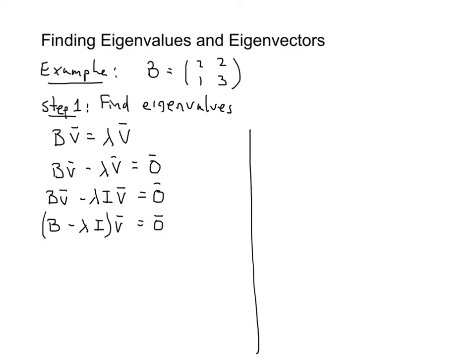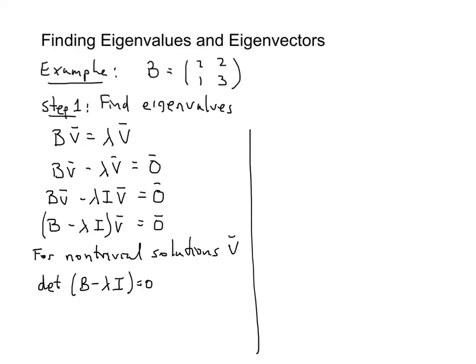The only way to have a non-trivial solution, something other than v being 0, 0, which will work, is if the determinant of this matrix is 0. And so for non-trivial solutions, so when v is something other than 0, 0, we require that the determinant of B minus lambda I equals 0.